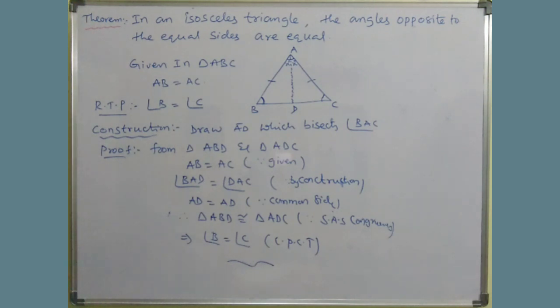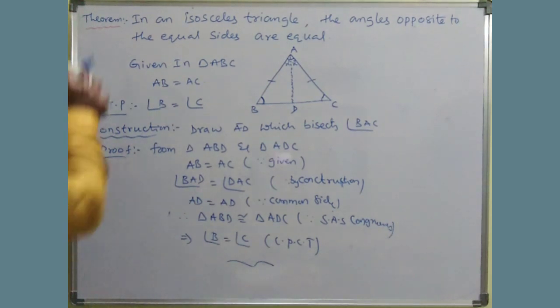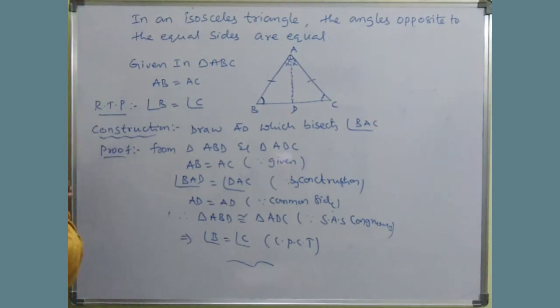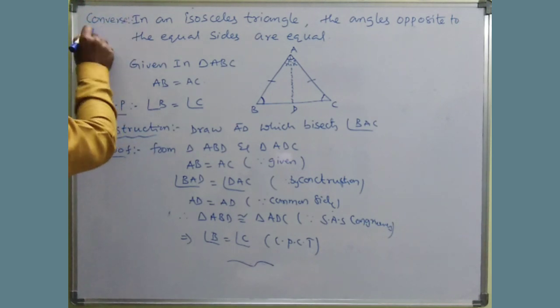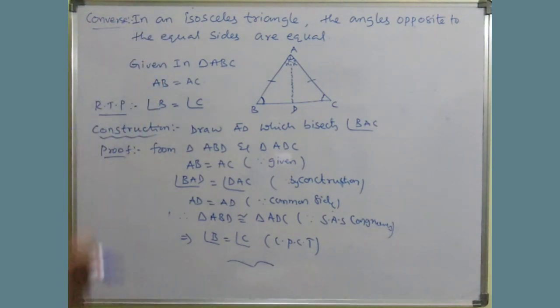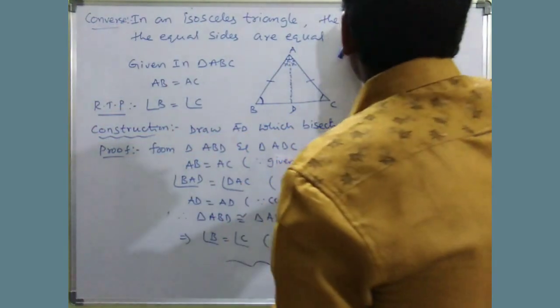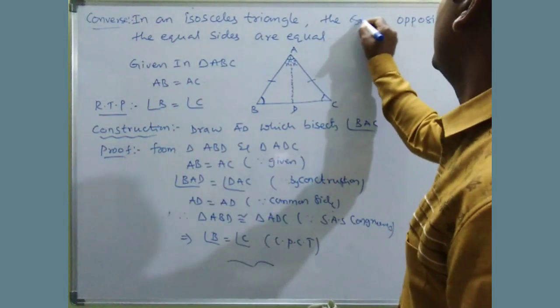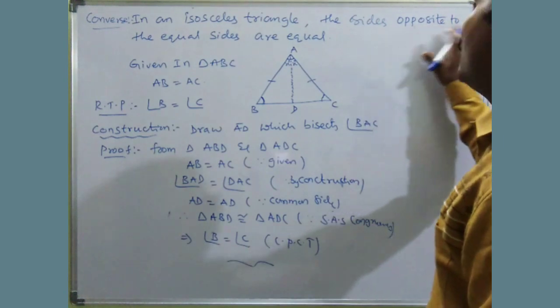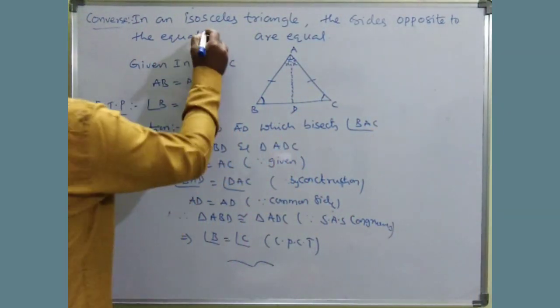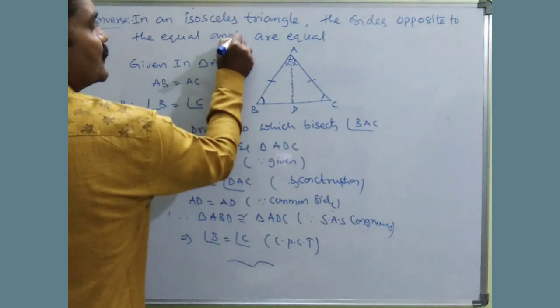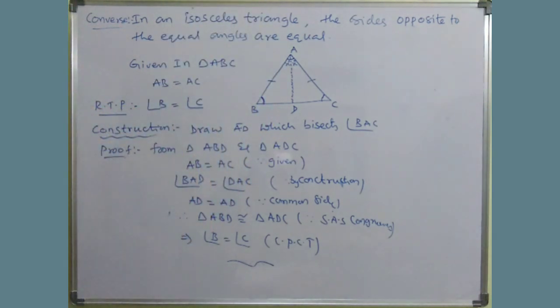Even the converse of this is also true. What is the converse of this theorem? In an isosceles triangle, the sides opposite to equal angles are also equal.